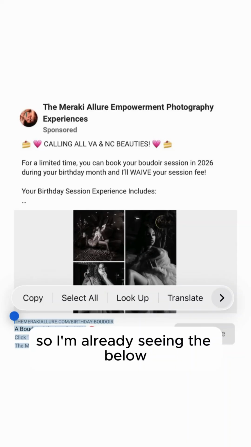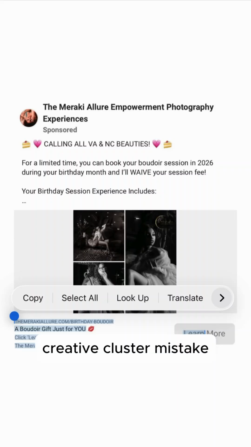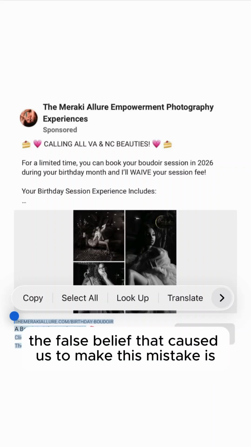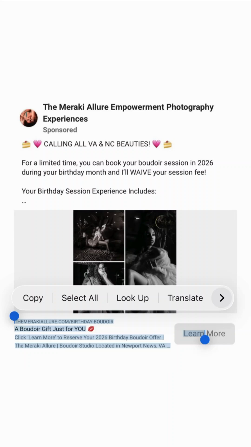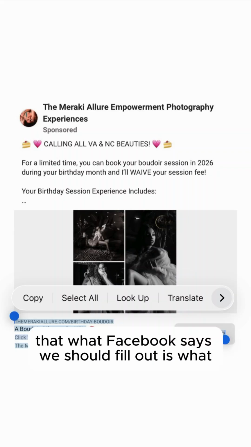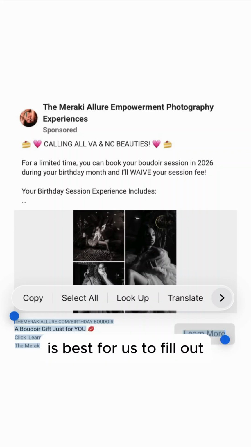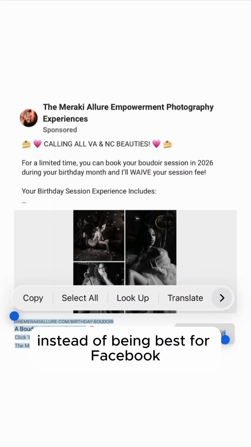So I'm already seeing the below creative cluster mistake. The false belief that caused us to make this mistake is trusting that what Facebook says we should fill out is what is best for us, instead of being best for Facebook.